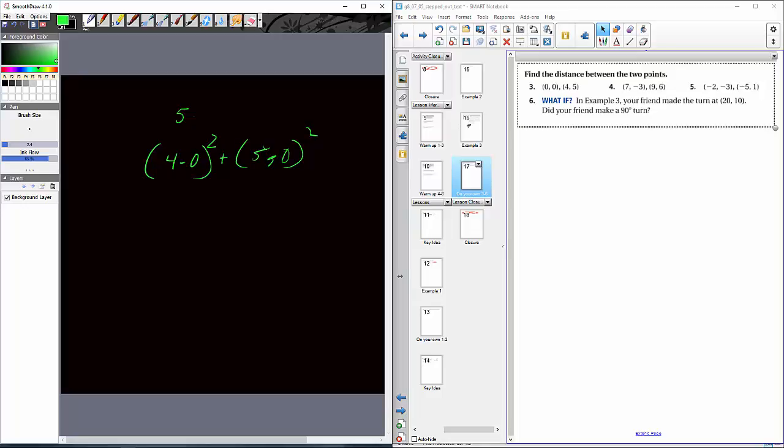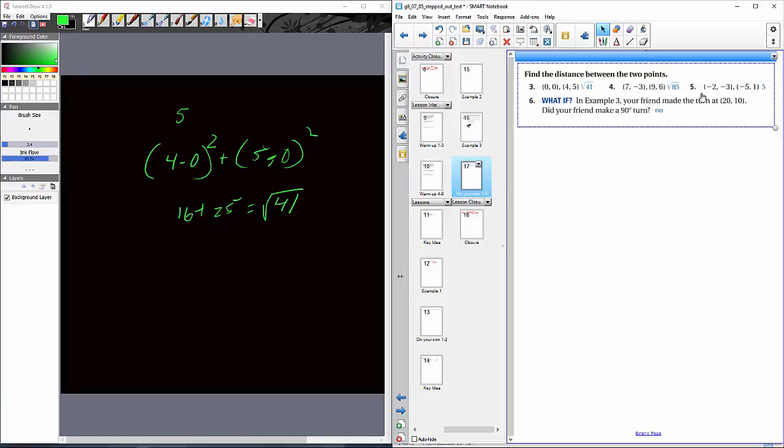If I do that, I'm going to have 16 plus 25 equals 41. And I will do the square root of that, which is the square root of 41. And you do that for all these, right? And that's really the lesson.